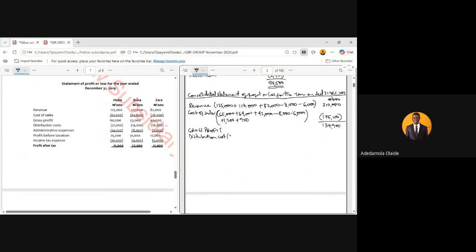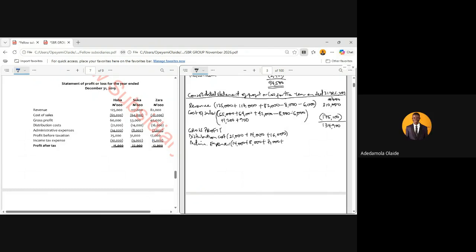Distribution cost, no adjustment. So we'll say 21,000 plus 14,000 plus 16,000. Then admin expenses. Admin expenses is how much? 14,000 plus 8,000 plus 7,000.